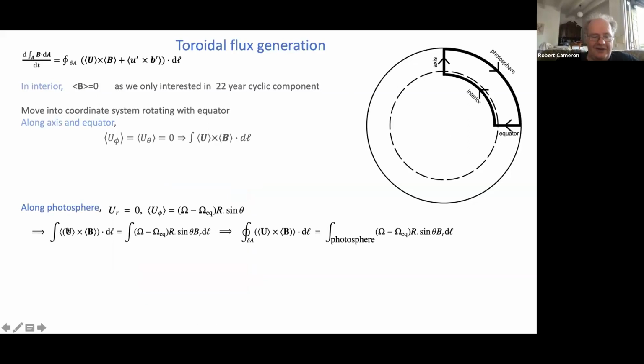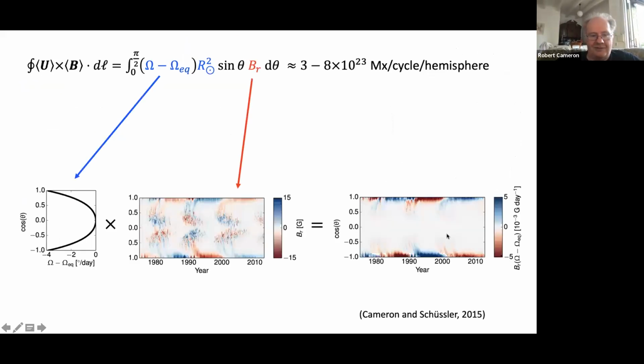We need to know the velocity at the surface and the magnetic field at the surface. Well, at least we need to know the radial component of the magnetic field, because this also comes into this integral. And we have measured for the last 40 years the radial field, and we have measured the differential rotation by helioseismology, by local correlation tracking, by direct Doppler. So we know the terms which go into this integral.